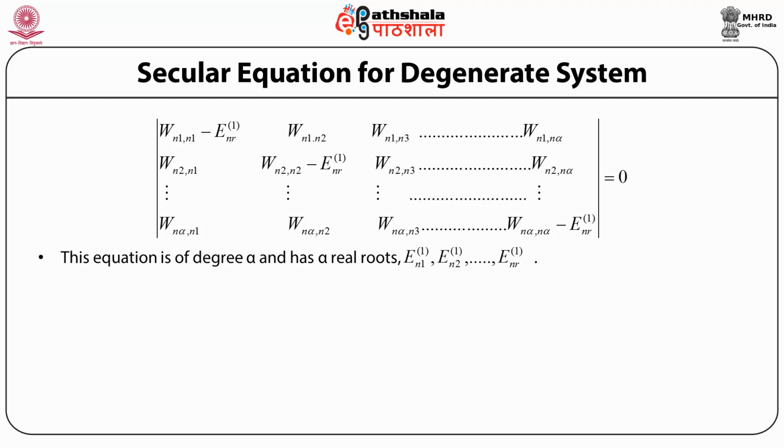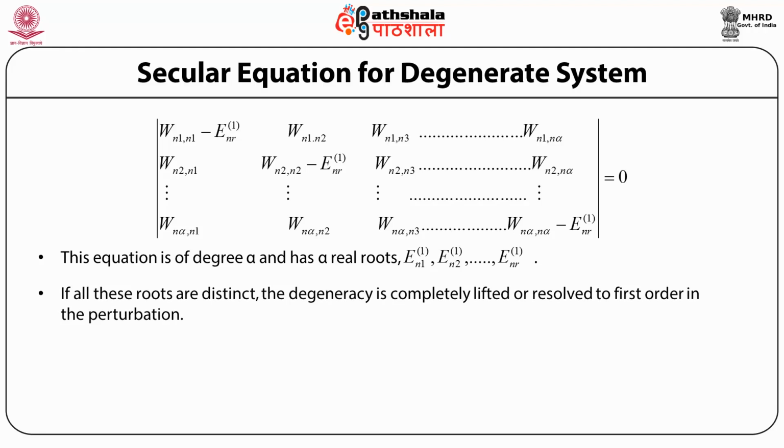This equation is of degree alpha and has alpha real roots, that is E_n1^1, E_n2^1 to E_nα^1. If all these roots are distinct, the degeneracy is completely lifted or resolved to first order in the perturbation.